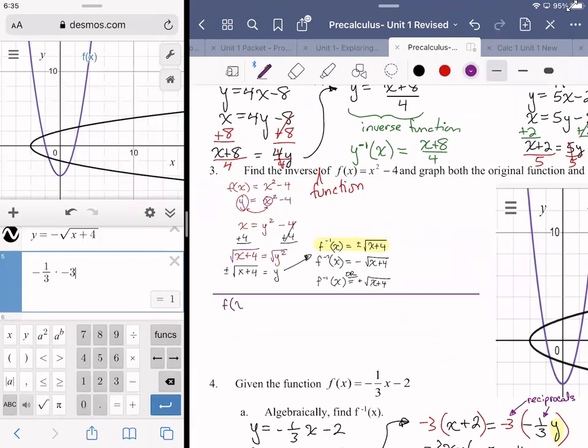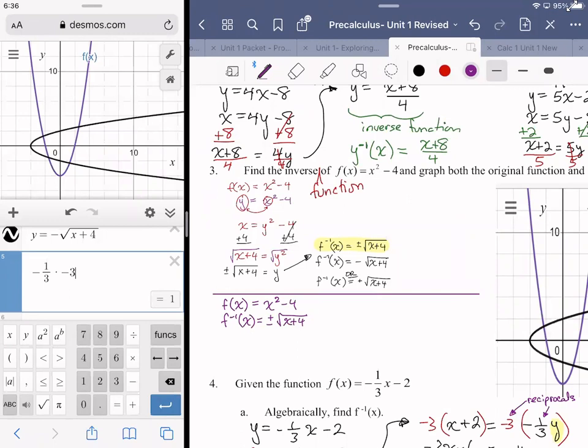Again, we have f of x is equal to x squared minus 4, and we have the inverse is equal to, we said, plus or minus the square root of x plus, whatever there.